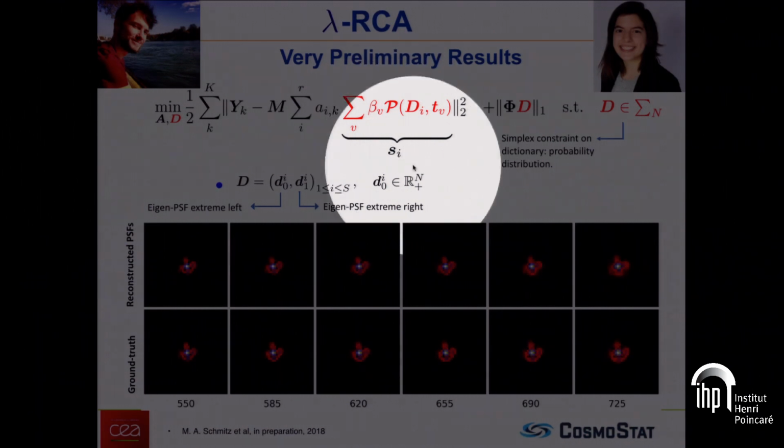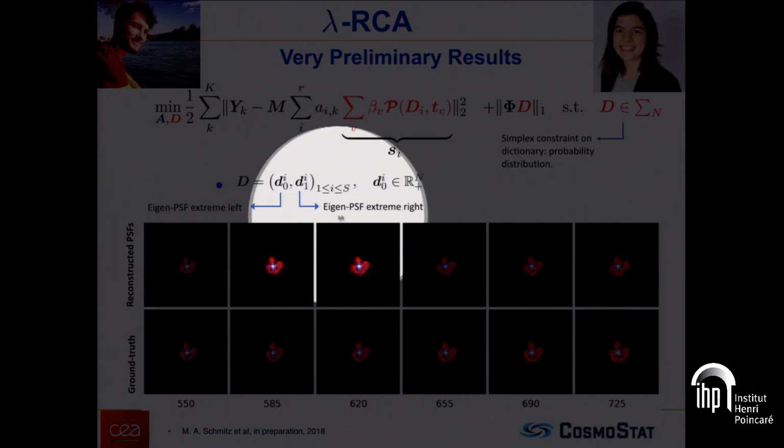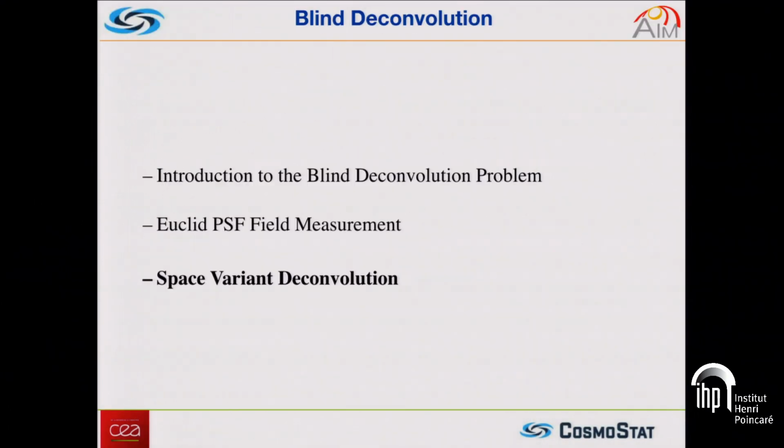So plugging all of this together, you can now reconstruct completely the PSF, taking into account the wavelength dependency. So these are very preliminary results, but it starts to work, and we hope that in one year from now we can show more definitive results with real measurement curves on ellipticity and this kind of thing.